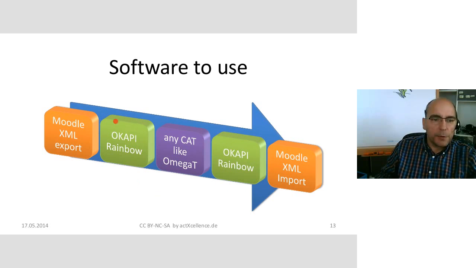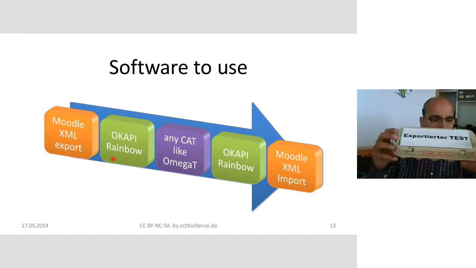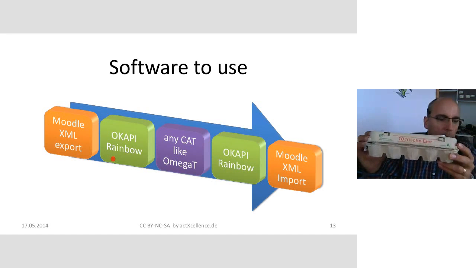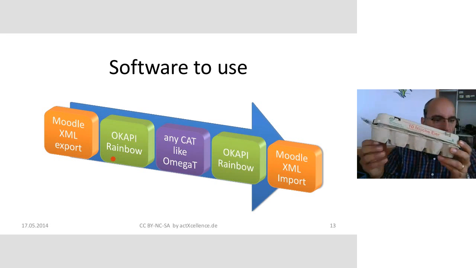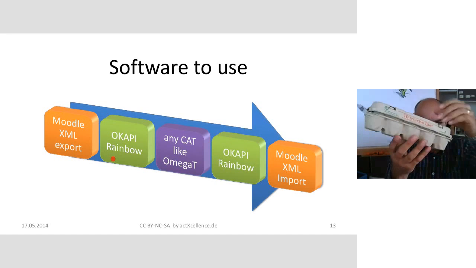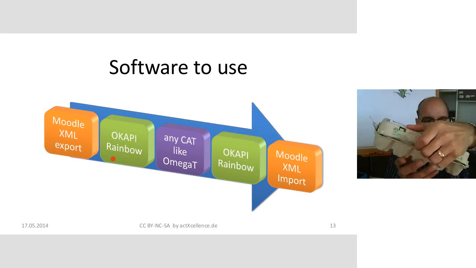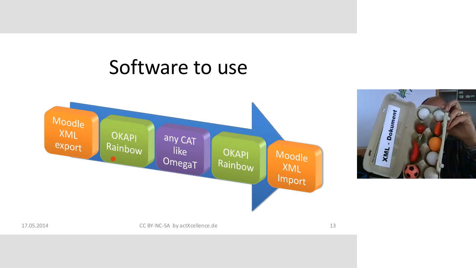The Okapi Rainbow is the same. So it will remember how your Moodle XML looks like. And I prepared some model here. I think this is your question file, which is exported from Moodle, and inside of your question file, there's content.